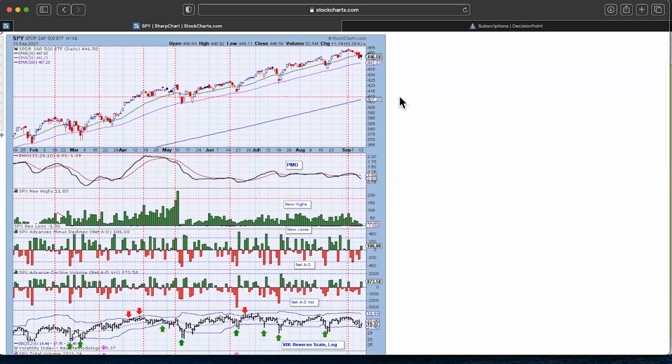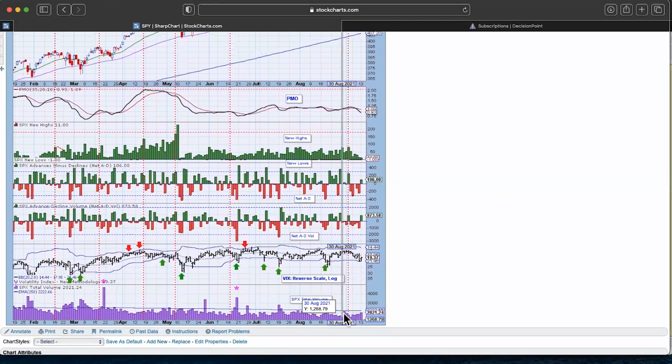So here is our short-term Climax chart once again. So, Climax analysis. We're looking at those days where you get a really high pop in total volume, or you see the VIX penetrating the lower band or the upper band, or we have a contraction or an expansion of new highs.